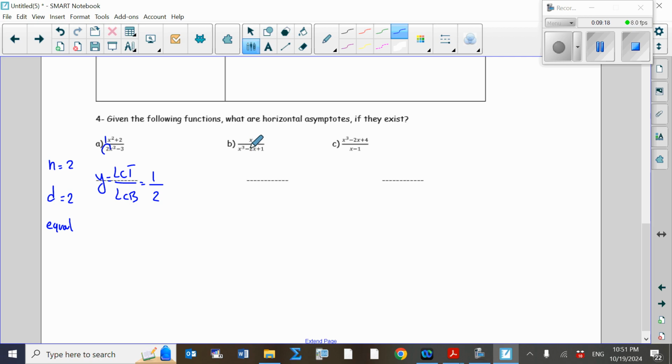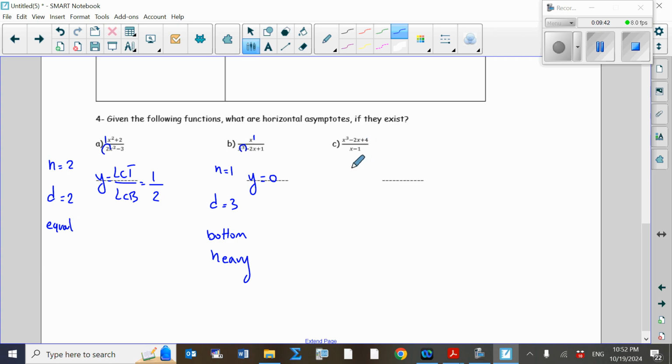The second function, the degree of the top is 1, because it's x to the power of 1. The degree of the bottom is 3, because x to the 3 is the term with the highest degree. So this is bottom heavy. If it's bottom heavy, the asymptote is y equal to 0.